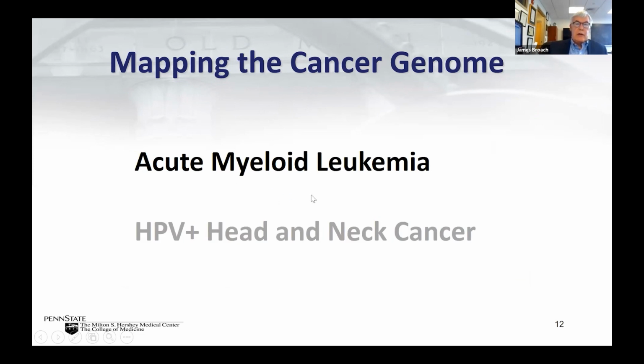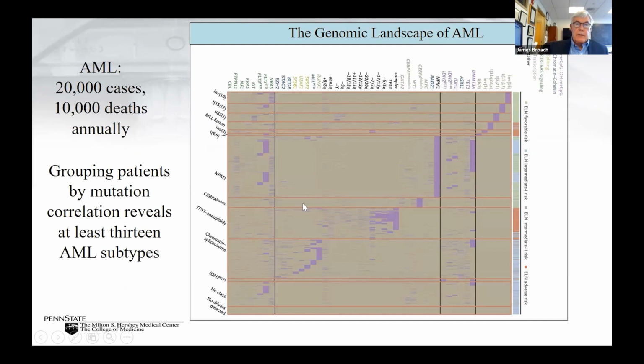So focusing first on the acute myeloid leukemia, as we heard from Faisal earlier today, AML is a fairly lethal disease. There are approximately 20,000 cases per year in the States with about 10,000 deaths. And as Faisal indicated, you can group these AML cases on the basis of the variations and the driver mutations that are underlying the progression of the cancer.